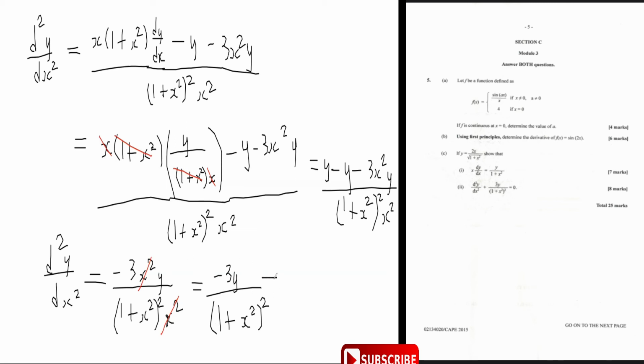This implies, adding this to the other side, we get d2y by dx squared plus 3y over 1 plus x squared, all square, is equal to 0. This is shown. Nice and easy. This is shown. Nice.